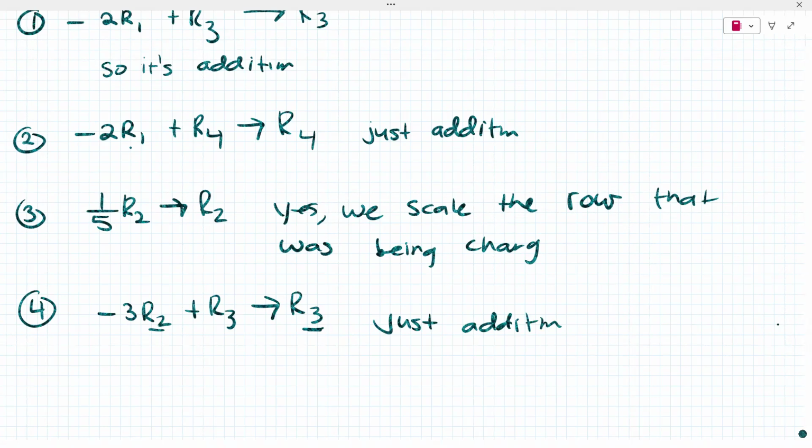The fifth one was -5 row 2 plus row 4 gives me new row 4. So the scalar is -5, but that was related to row 2, and our new output was row 4, so it doesn't change, just addition. So nothing changed.